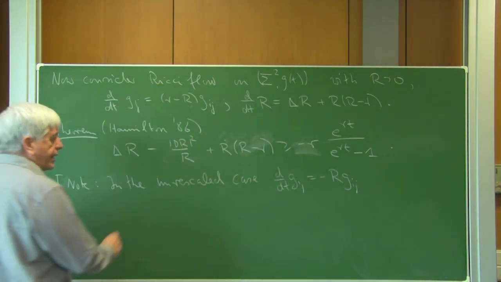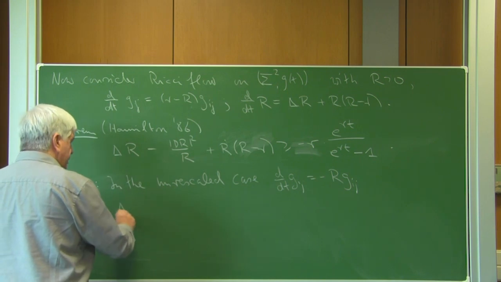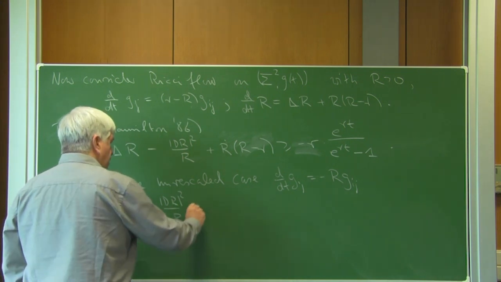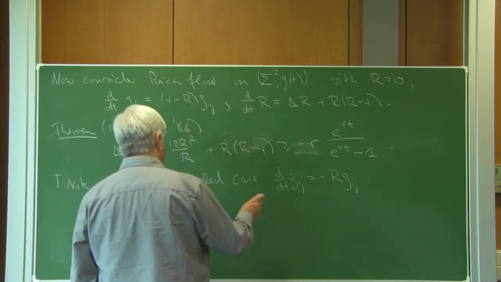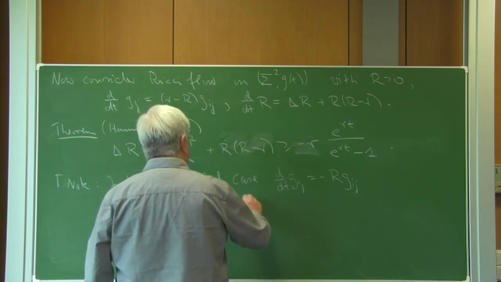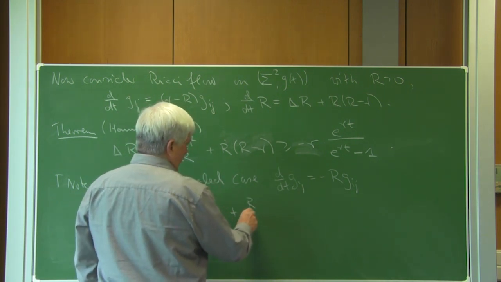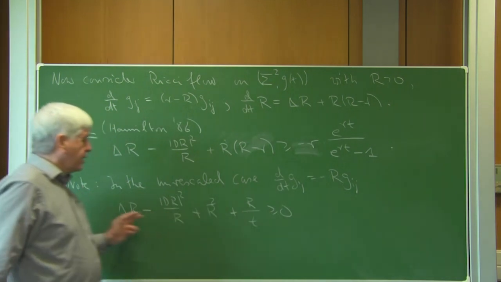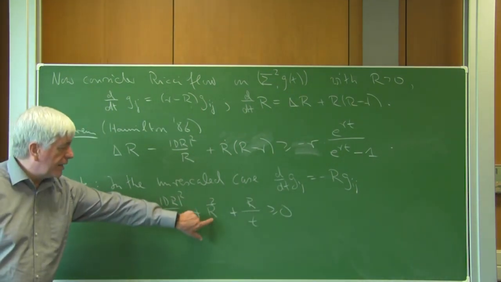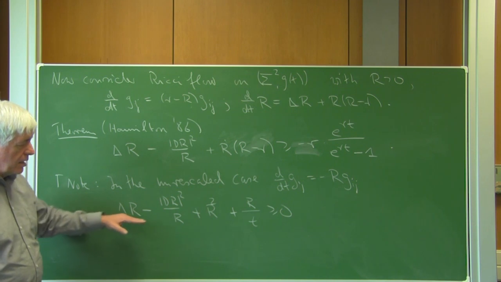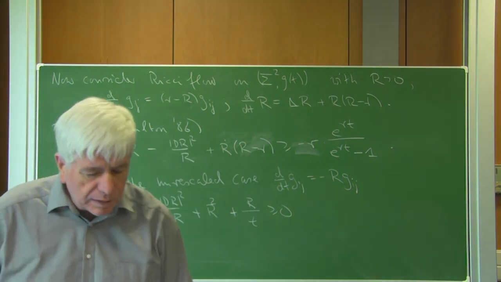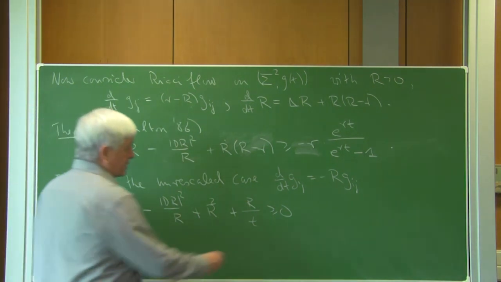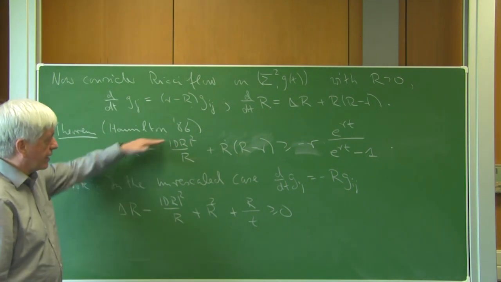So if you don't do the rescaling, then we get that Laplace R minus gradient R squared over R plus R squared plus R over, now we have n over 2, and n over 2 is 1, over t is greater or equal to 0. So this, up to this term here, looks exactly like in Euclidean space, in the linear case. So this is of course equivalent to that after rescaling.